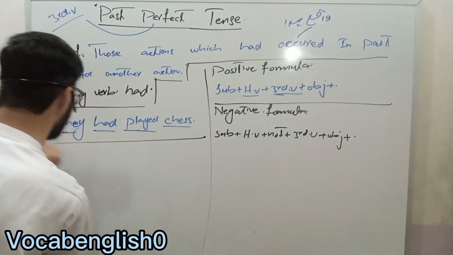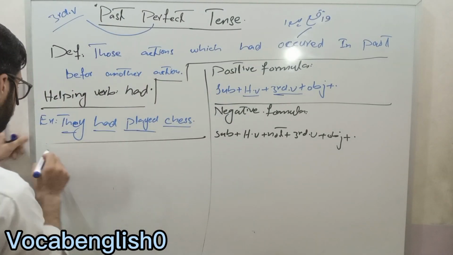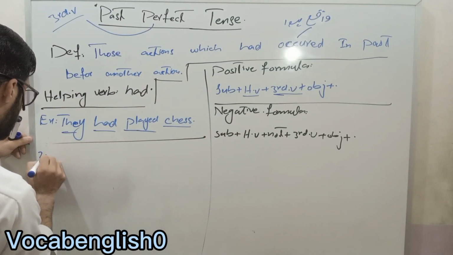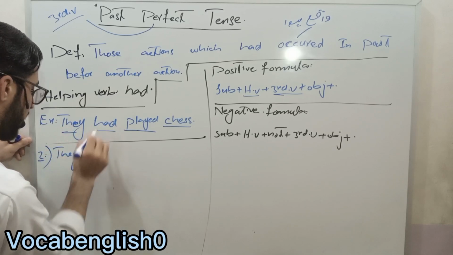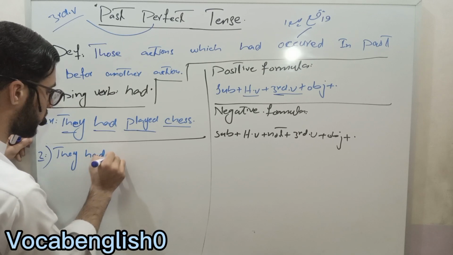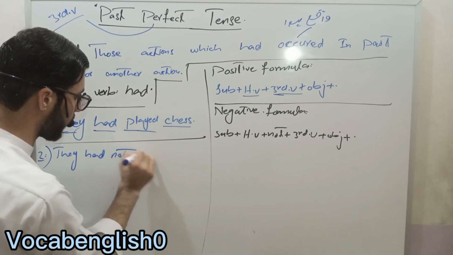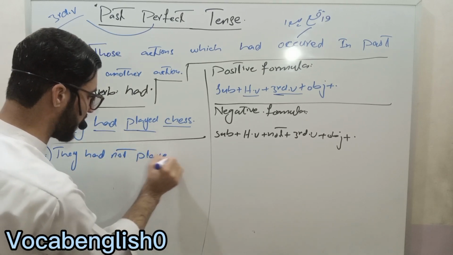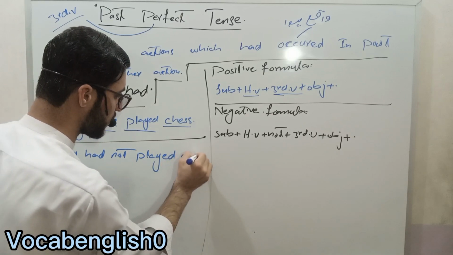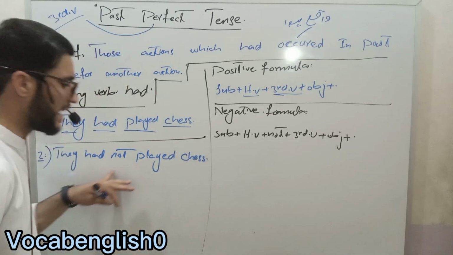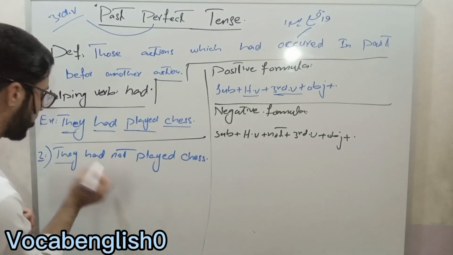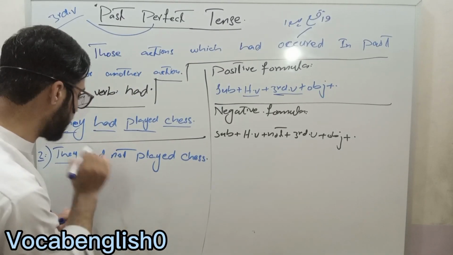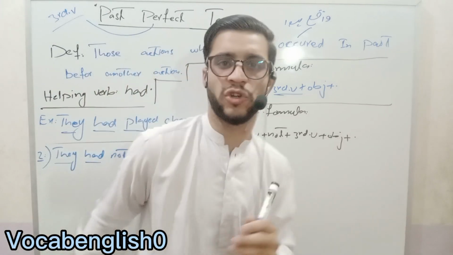And how we'll write the negative example? The negative example is they had not played chess. This is our subject, had is our helping verb, not is there.